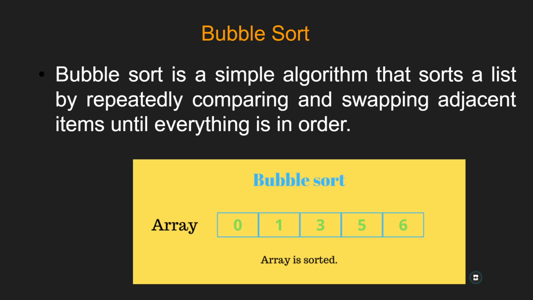Now, remember, if you are a GCSE student, you do not need to be able to write Python code by yourself for the bubble sort, but you need to understand the mechanism. When you see a code, when you see an algorithm, you should be able to understand that bubble sort is happening there.